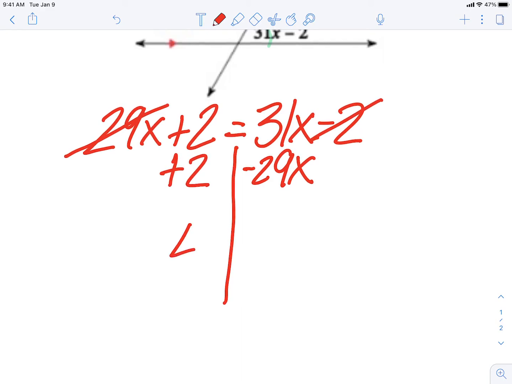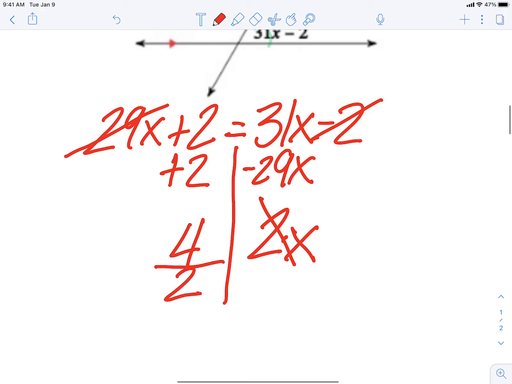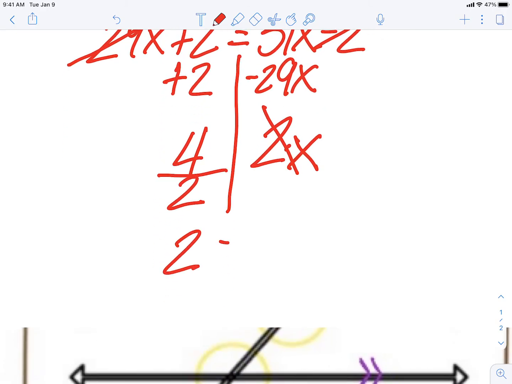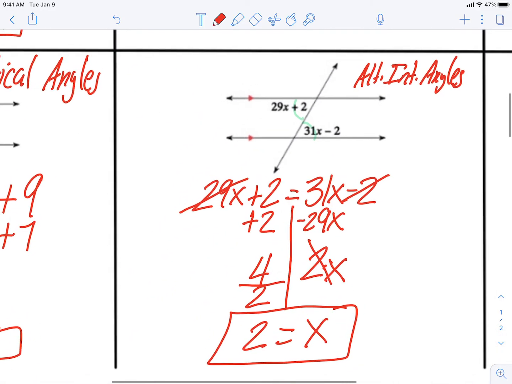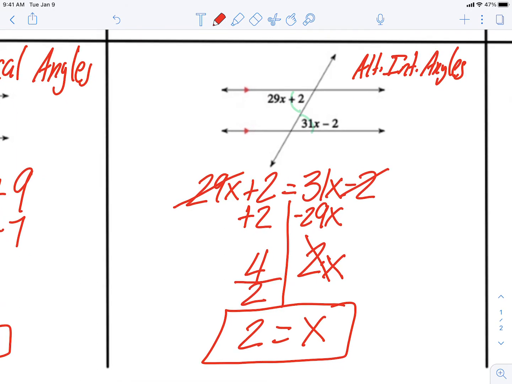So 2 plus 2 is 4 here on the left. 31x minus 29x is 2x. That means 2 times x, so the opposite of multiplying by 2 is dividing by 2. So I get 2 is equal to x. And look at that. Alternate interior angles, and 2 is equal to x, or x is equal to 2.